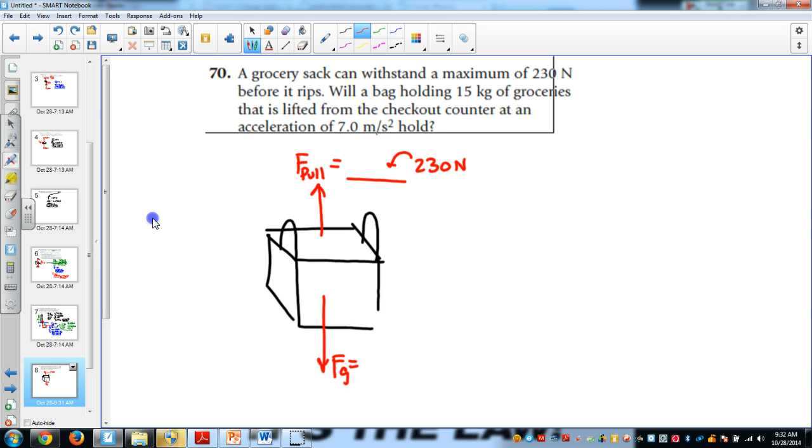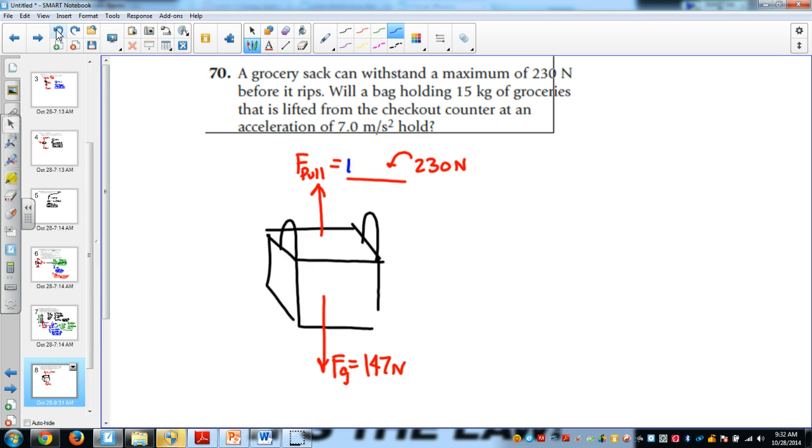It says that there's 15 kilograms of groceries in it. So there's 147. So right now, if I was just holding it standing still, there would be 147 newtons. And that would be good. If I was just holding the thing, supporting it from falling, 147 is well below its threshold of 230, and I'd be good to go.